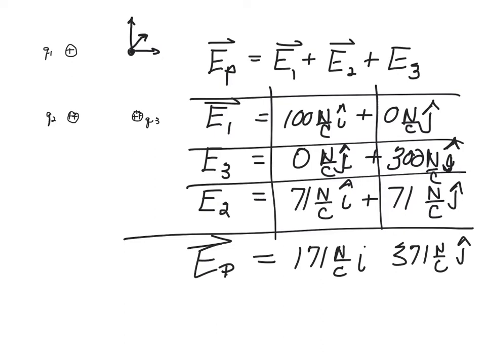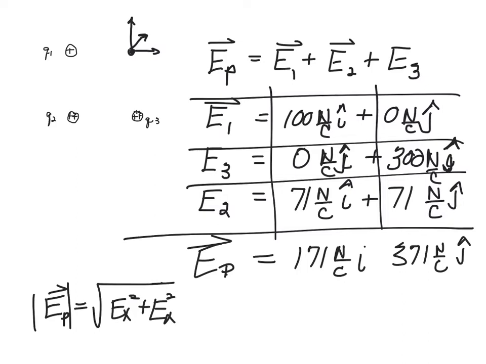But you should know how to get the magnitude and direction. So remember, the magnitude of any vector, writing the notation for magnitude, is the square root of the x component squared plus the y component squared. This goes back to week 3, semester 1.